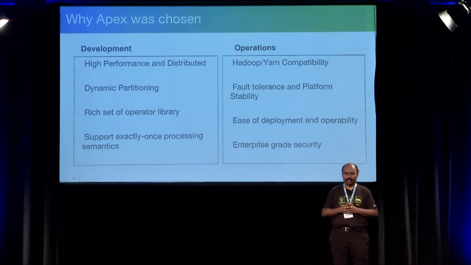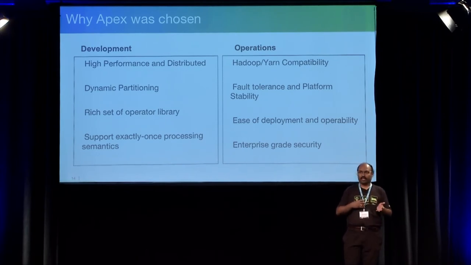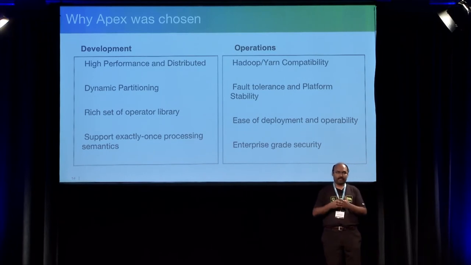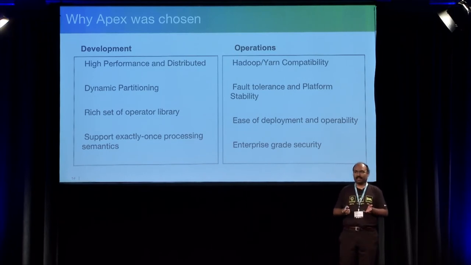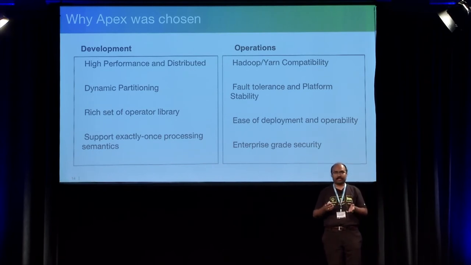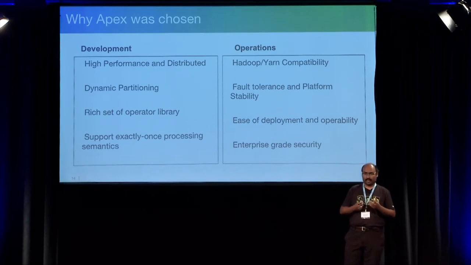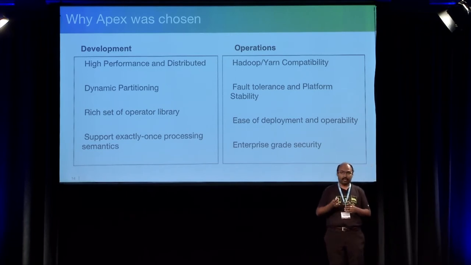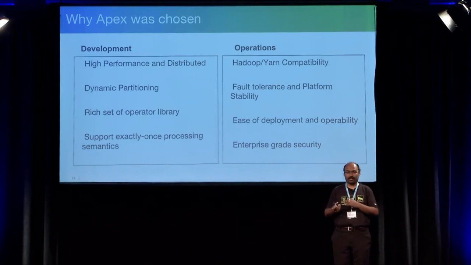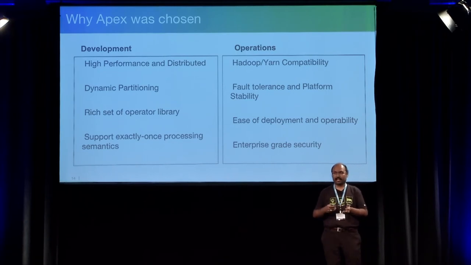You can just run it on Hadoop YARN. And you can easily deploy and monitor your applications using the DataTorrent console. And we integrate with the native security. So if you have Kerberos enabled on your cluster, or SSL, it works with those settings. And on the console, you can also enable different authentication mechanisms like LDAP, etc.